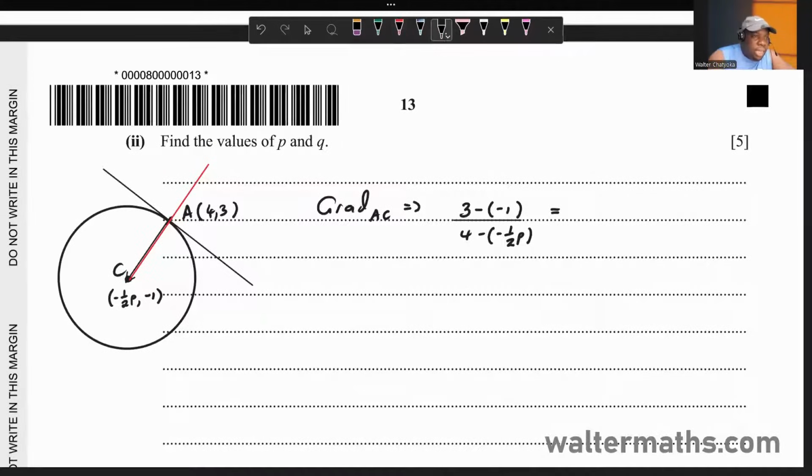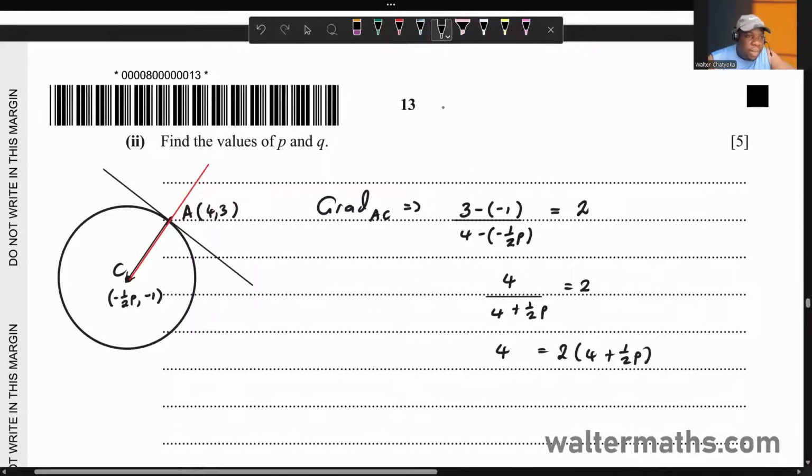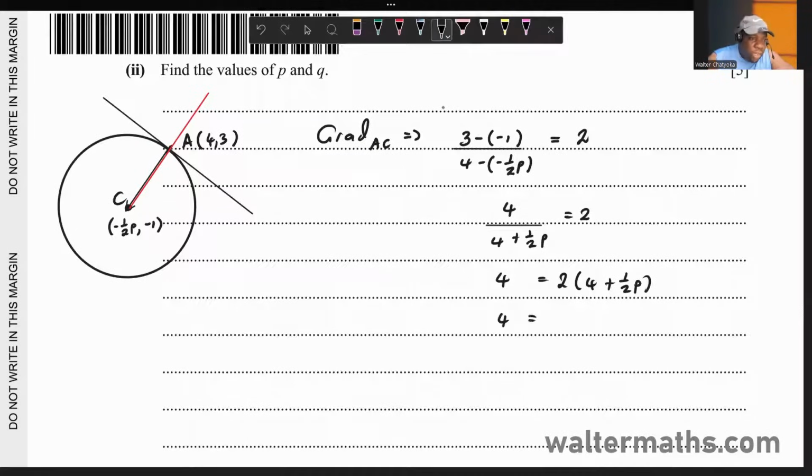So we're going to say this whole thing is equal to 2. So 4 over (4 + ½p) is equal to 2. So 4 is equal to 2 times (4 + ½p), so 4 is equal to 8 + p, which means p is −4. So we have one of the answers: p is −4.